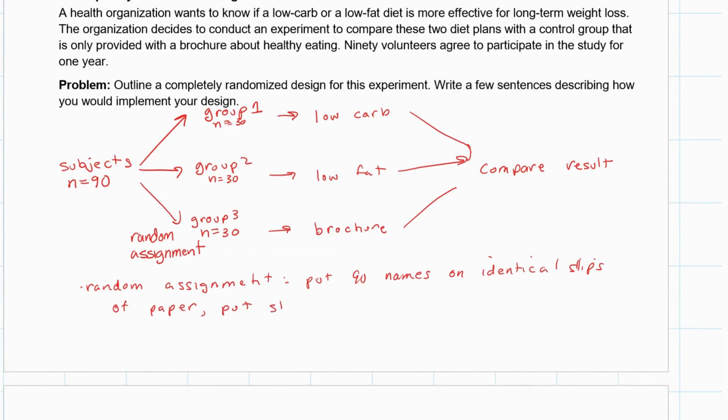Put slips in a hat. Mix well. Let's draw 30 names without looking. And those go into group 1.